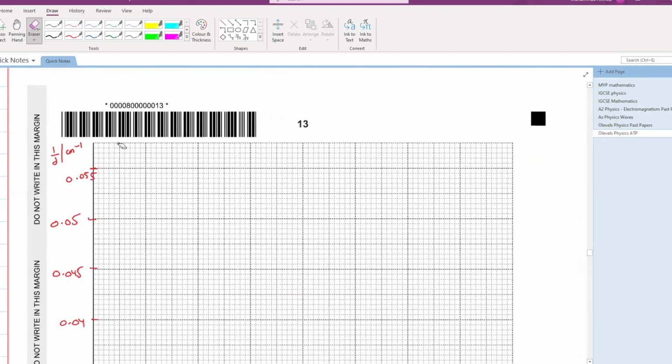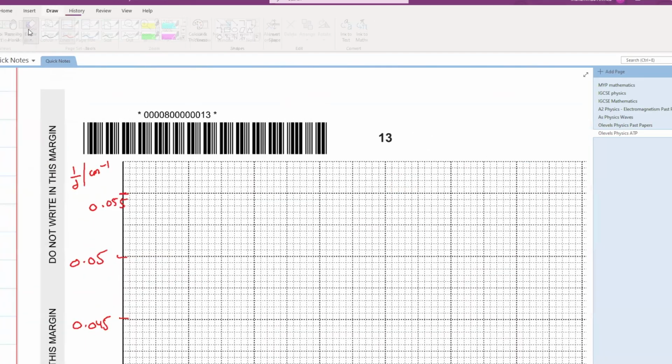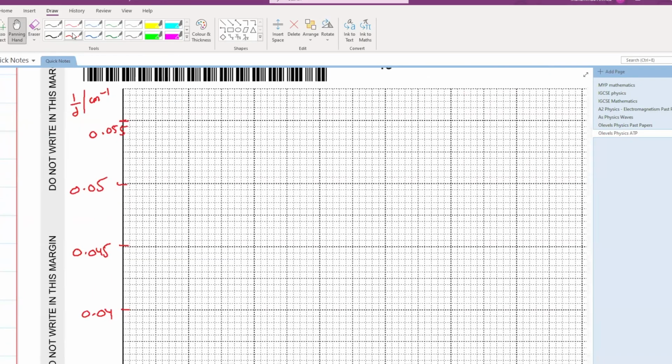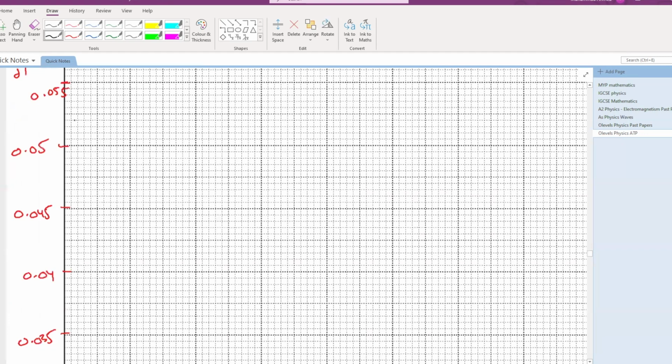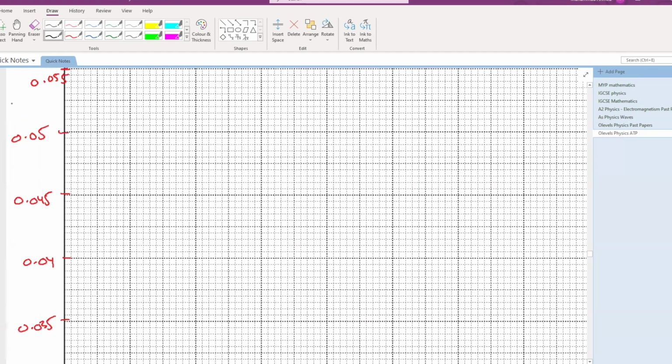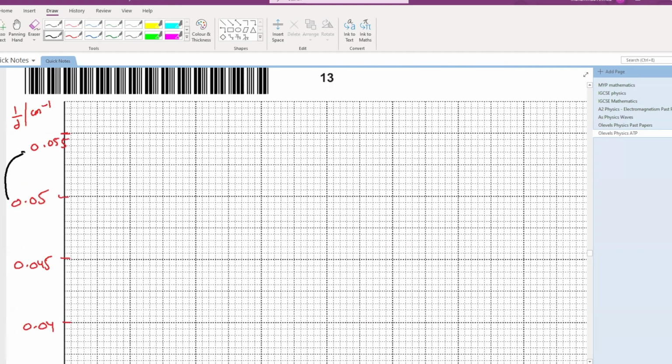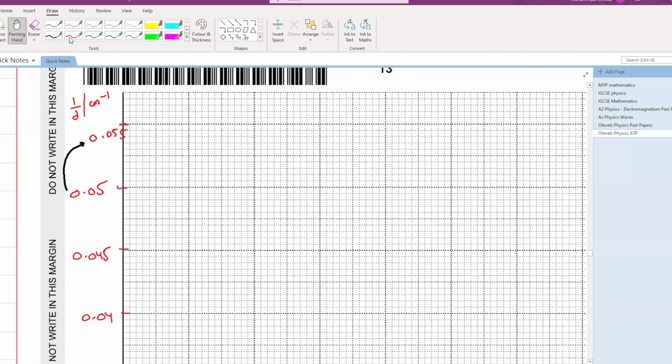If you notice, you are going from 0.05 till 0.055. Basically, you are covering how many units? You are covering from here till here. You are covering 0.005 units.